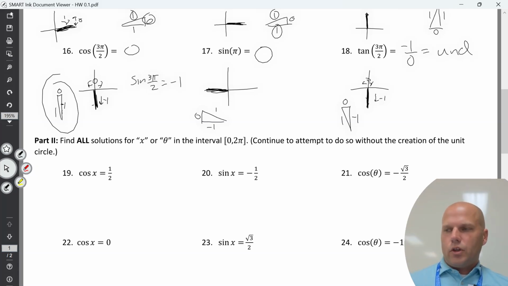Again, I don't really care how you do it, but our goal is not creating the unit circle. Our goal is understanding the unit circle and not necessarily having this memorized, but having this in a place in our brains where, whether it's memorized or not, is fine. If you see it randomly, it just pops up all of a sudden.